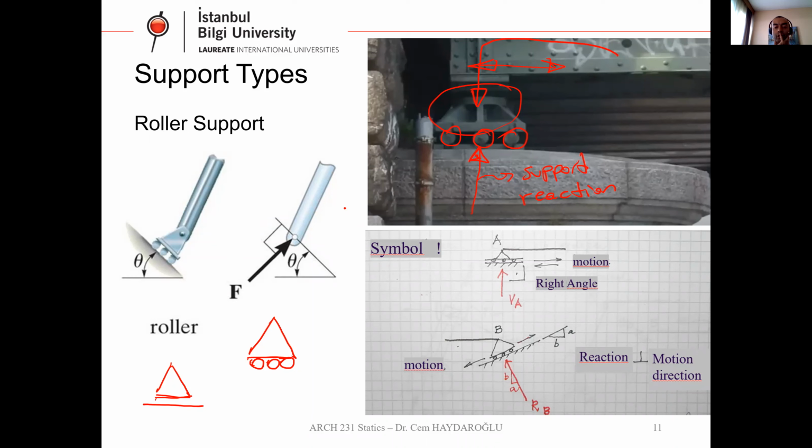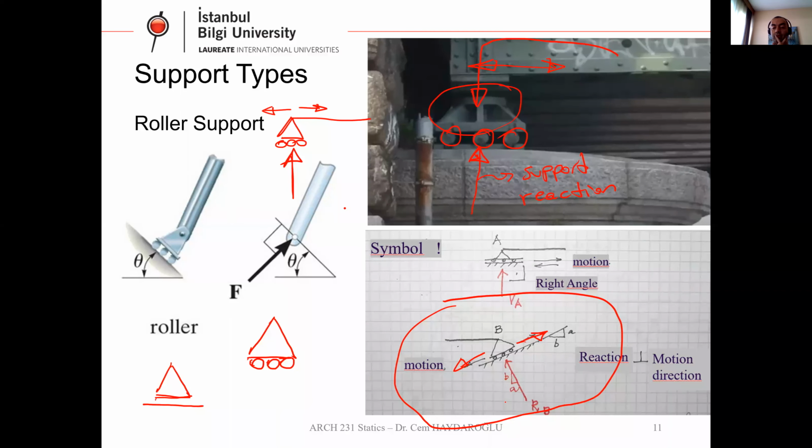Our system can move in this direction, so my vertical support reaction is perpendicular to this. Or take a look at this example. I have an inclined surface with a slope. My motion is parallel to this inclined surface, so my reaction is going to be perpendicular to this motion, to this surface.